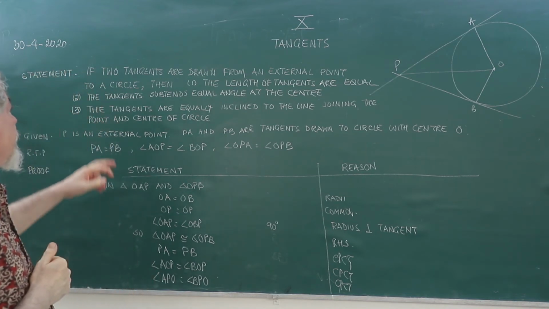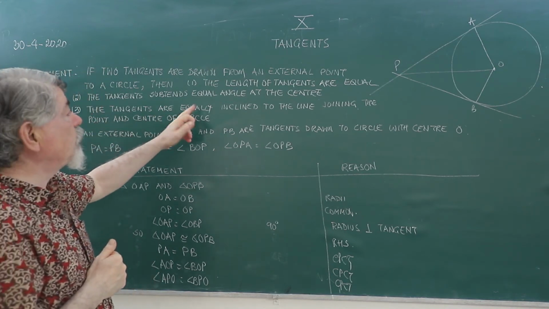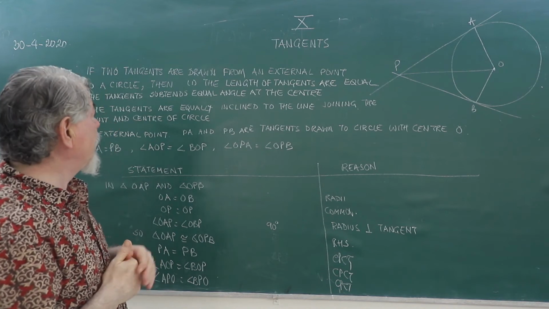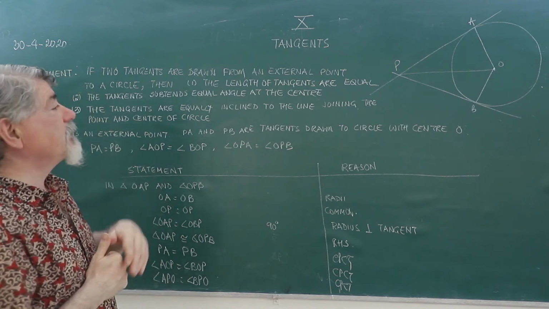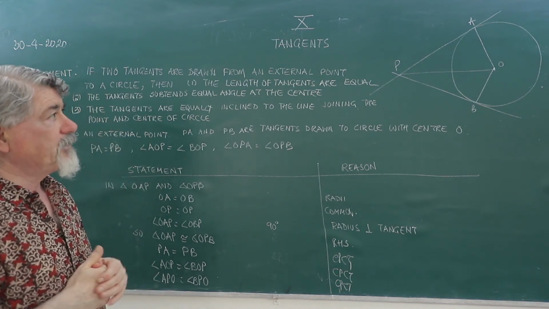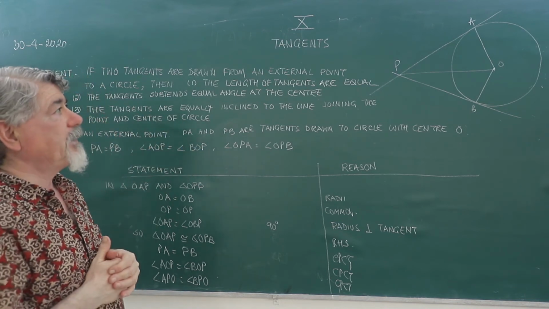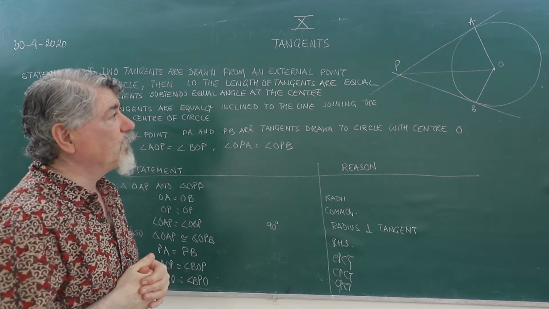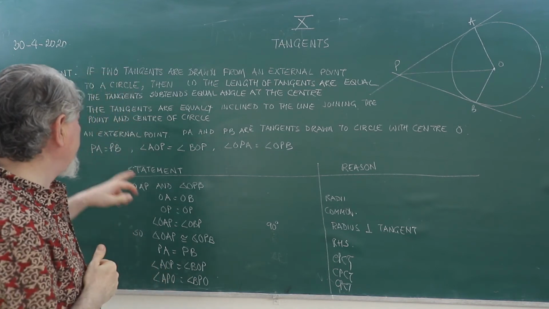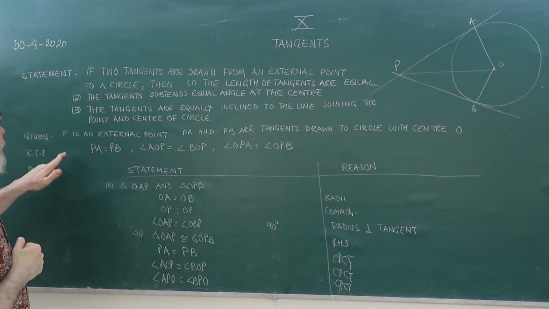Number three, the tangents are equally inclined to the line joining the point and the center of the circle. That means tangents are equally inclined to the line OP, that means angle APO will be equal to angle BPO.